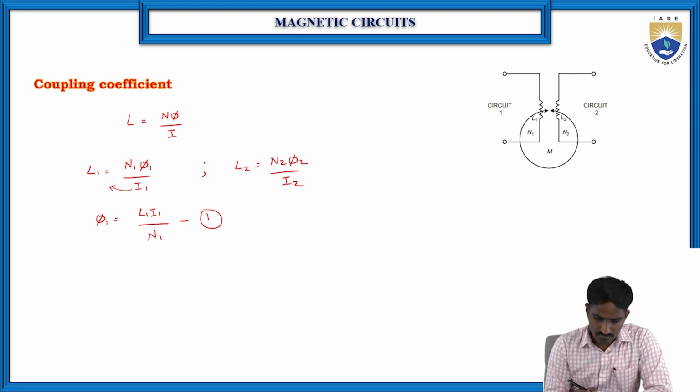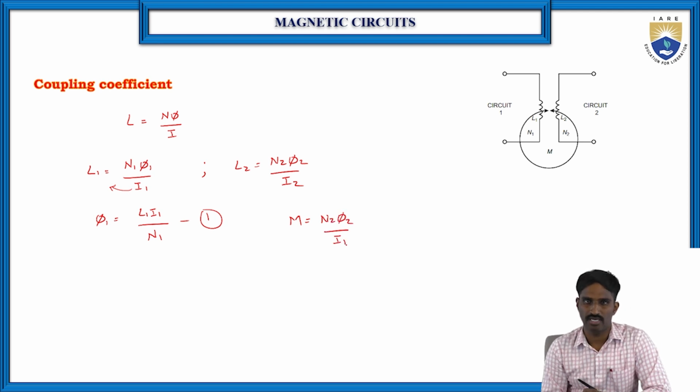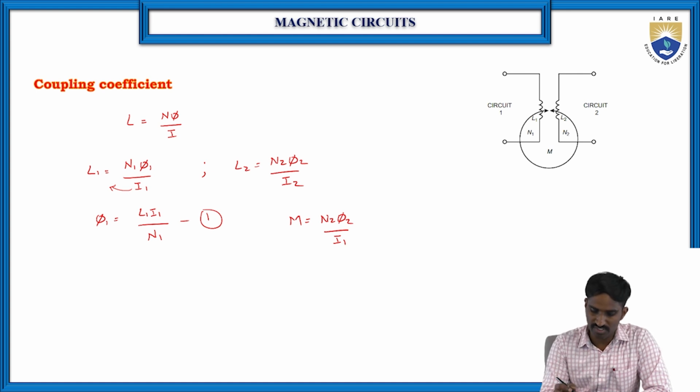Then we know already the mutual inductance equation, because we have already discussed in the previous classes the concept of self and mutual inductance. The mutual inductance is M is equal to N2 phi 2 by I1. This is with respect to the secondary winding.